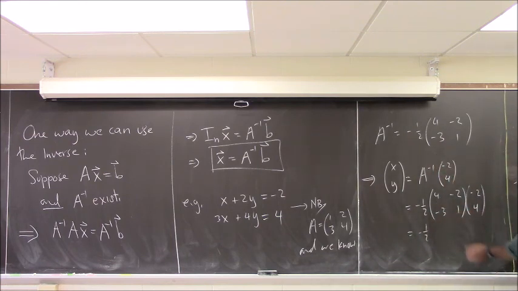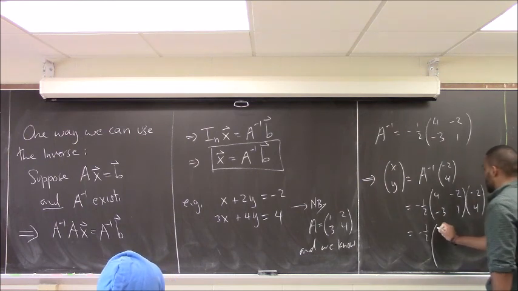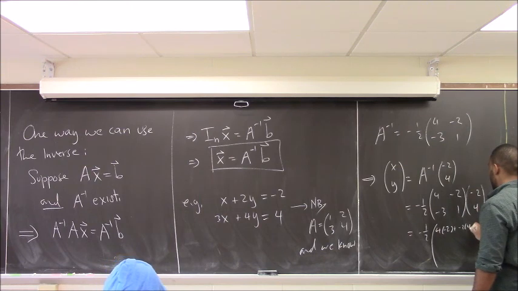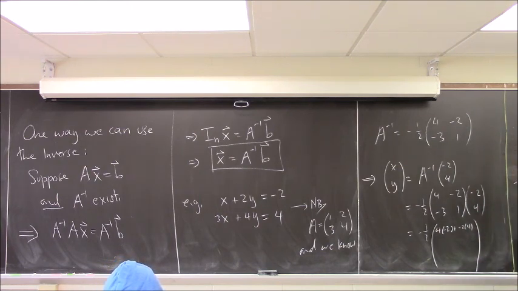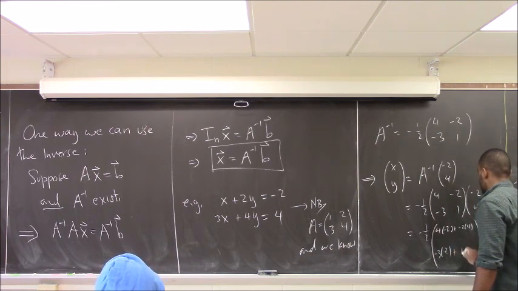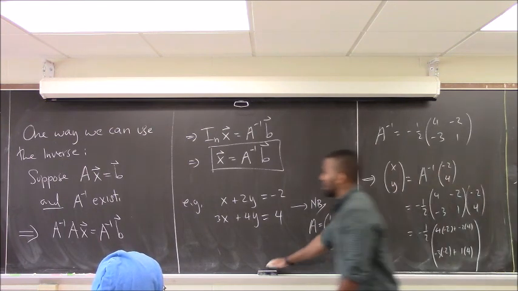It matters what side, because this is a 2 by 2, that's a 2 by 1, so the inside numbers match up. This is definitely doable. Row times column, 4 times minus 2 plus minus 2 times 4. And then minus 3 times minus 2 plus 1 times 4. What do we get here?